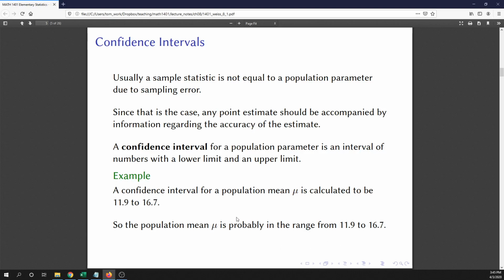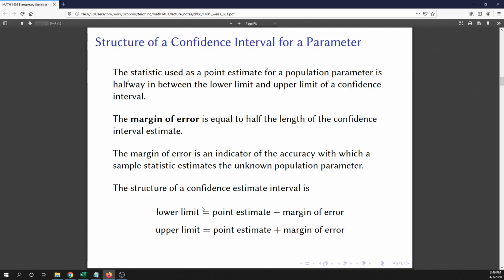We will see later on that we will attach a confidence level to our confidence intervals. That confidence level will give us the probability that the mean is in this range. So a confidence interval is generally going to be more reliable than a point estimate. Again, don't focus yet on how I came up with these numbers. I will show you how that goes.